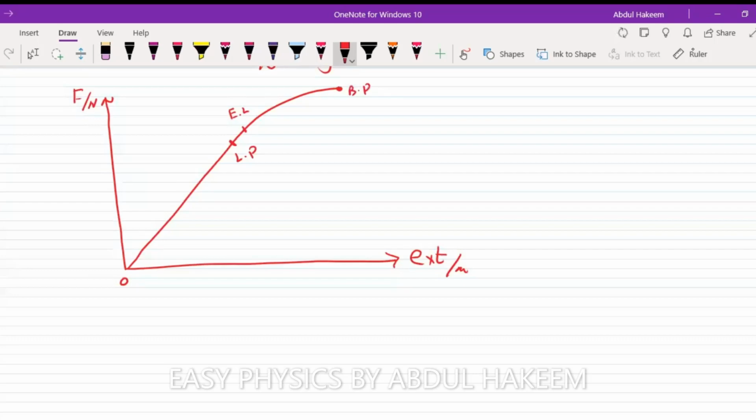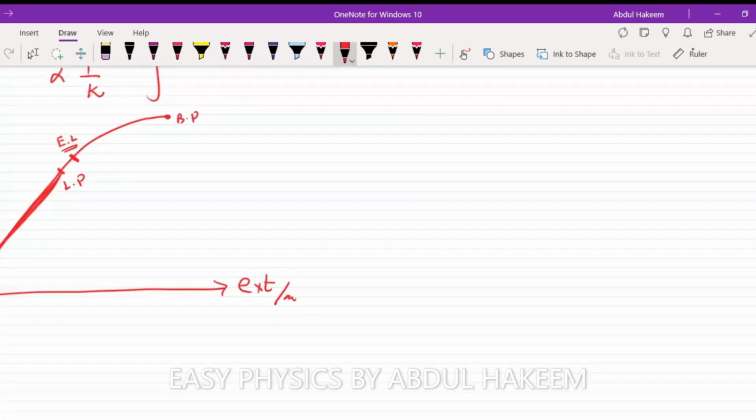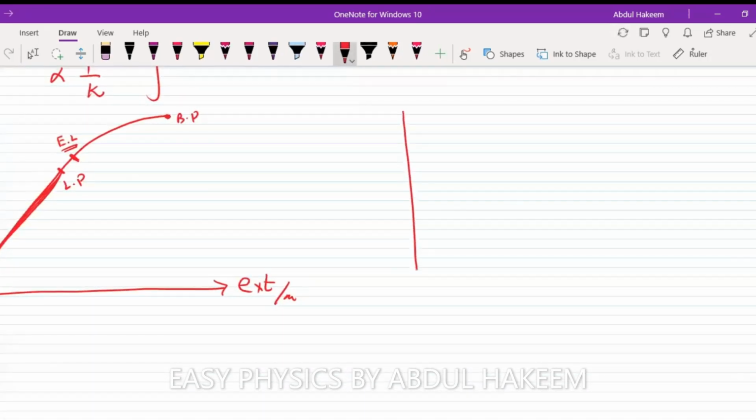Now Hooke's law is applied only within the limit of proportionality, this line, but elasticity is acceptable up to this elastic limit. This is the graph for a solid like metals. But if the solid is glass, then this is the graph.